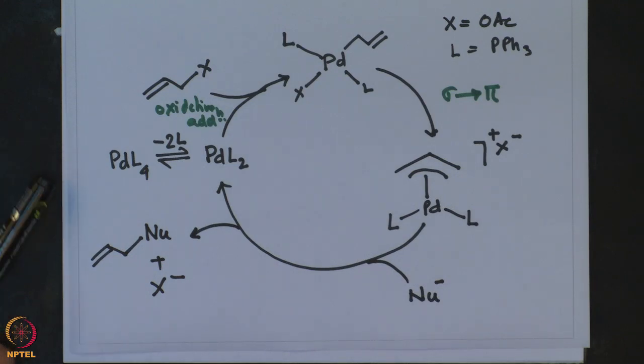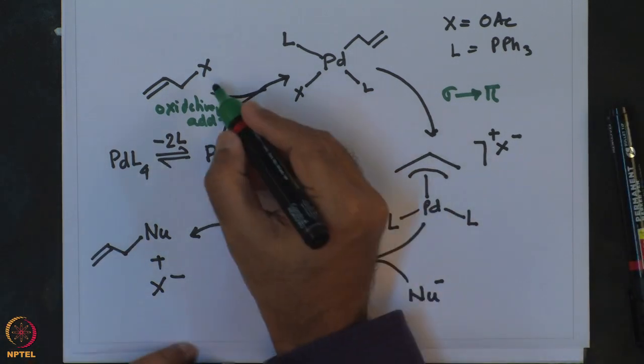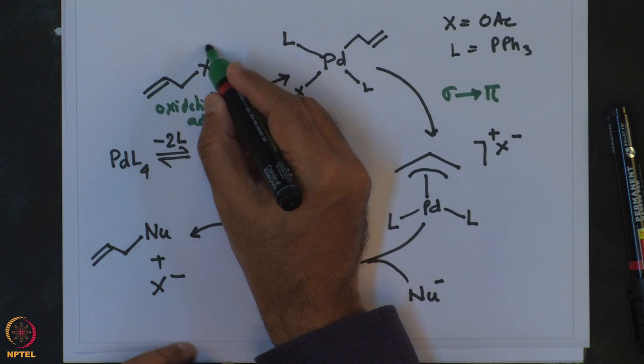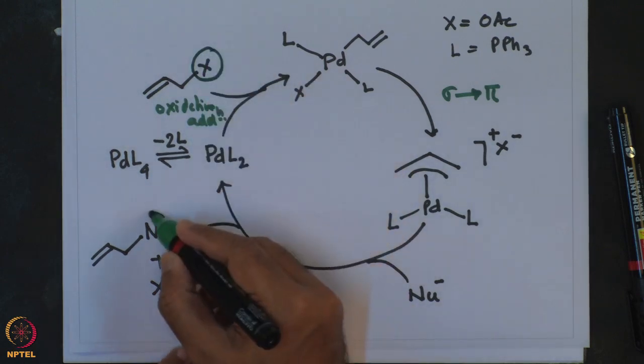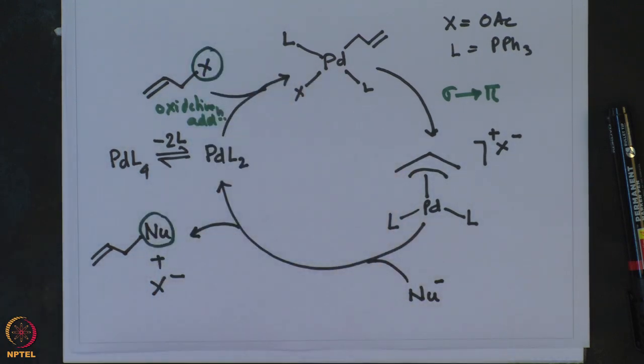So, overall the reaction is such that this X moiety over here is replaced by this nucleophile Nu, and at the allylic position the way it is shown.